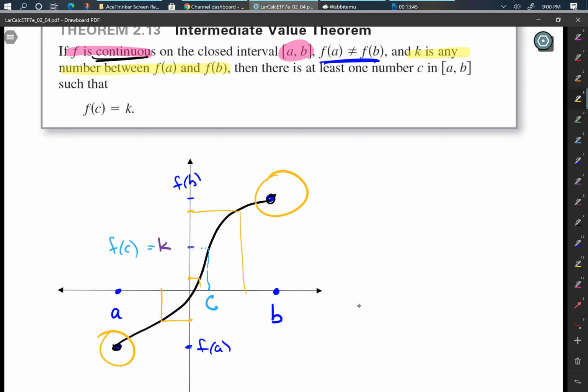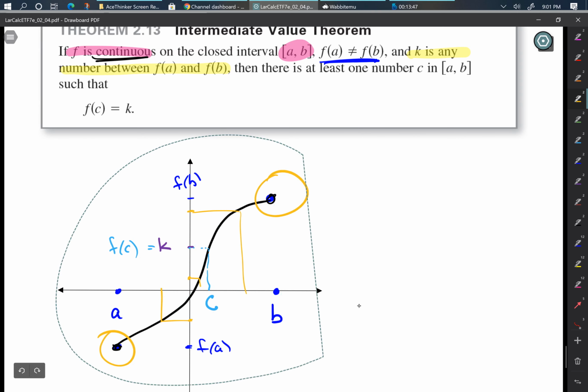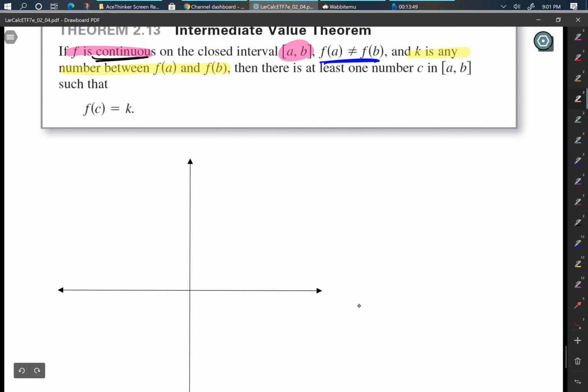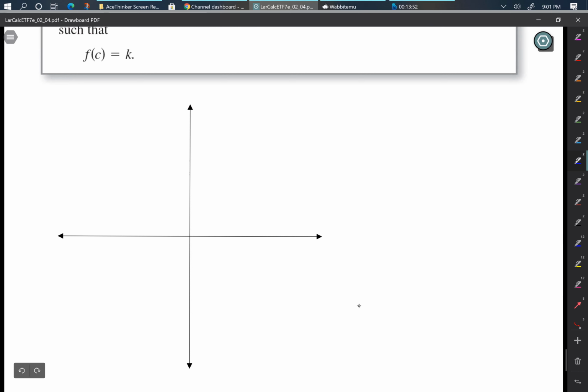I could erase this entire graph and redraw it and say that a is here, b is here, f of a is here, and f of b is here. Right?